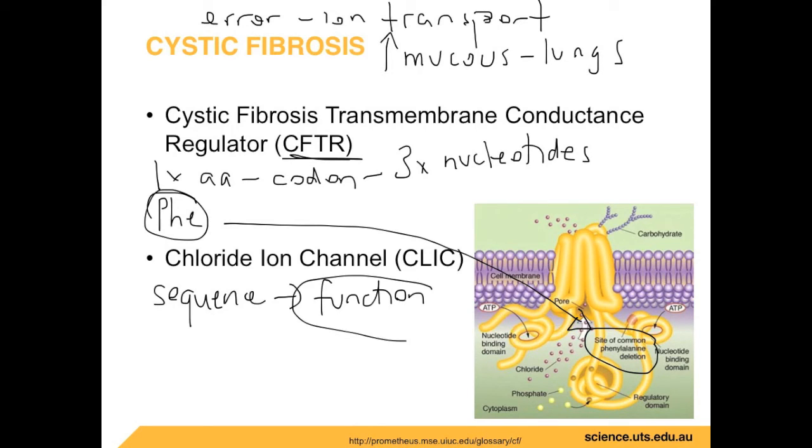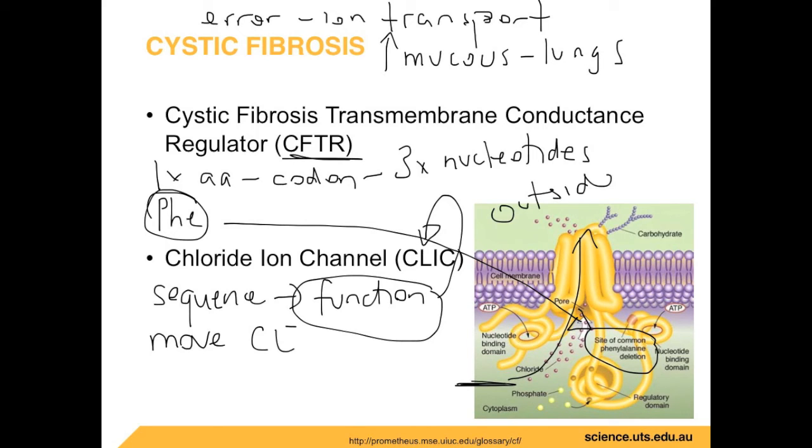The function of CFTR is as a chloride ion channel. It moves chloride ions from inside the cell to outside the cell. When this protein is mutated, that is one amino acid change, we lose this movement.